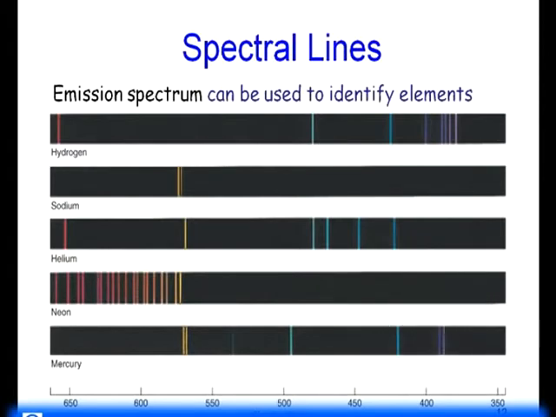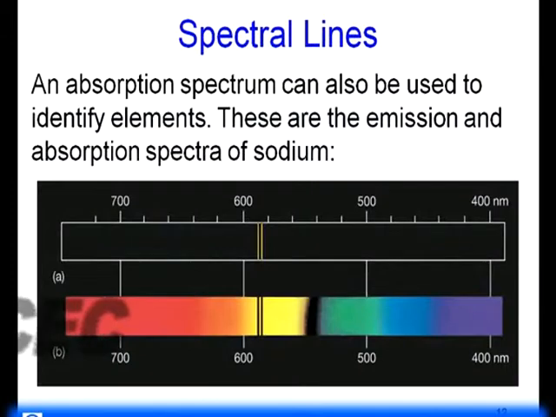And because for every element you have a different kind of spectrum, using this kind of spectrum you can find out what element we are talking about, and this has been used to find out what elements are present near the sun and so on in the solar system, by looking at the emission spectrum from solar radiation. And you'll see that mercury, neon, helium, everything is characteristic. It depends on the element, and you will be able to characterize the spectrum.